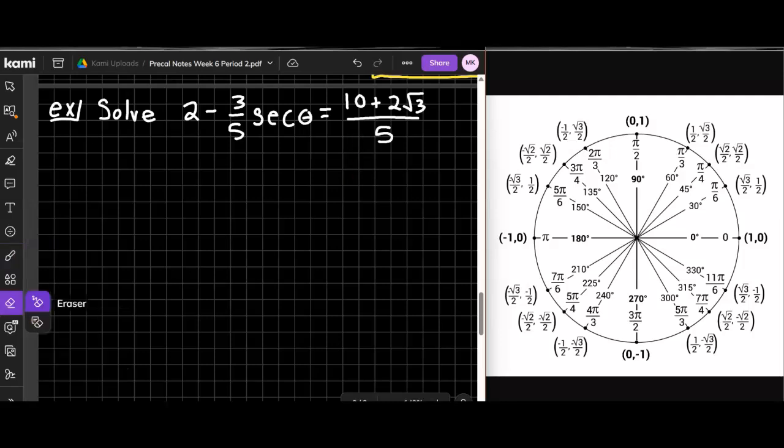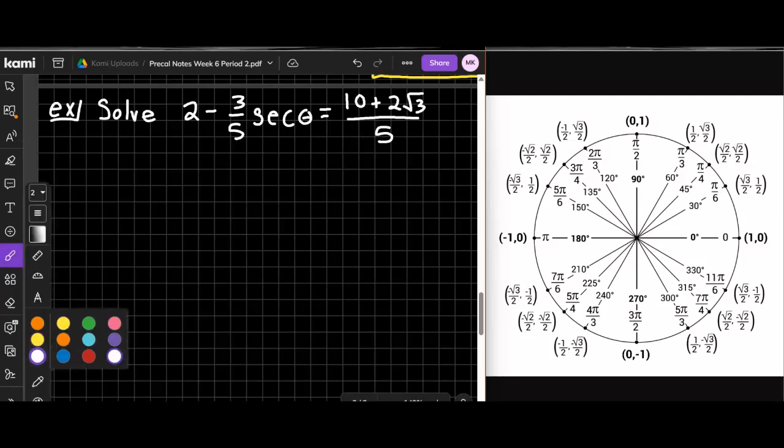So separating our fractions here, we have the 2 minus 3 divided by 5 secant of theta equal to 10 over 5 plus the 2 square root of 3 over 5.